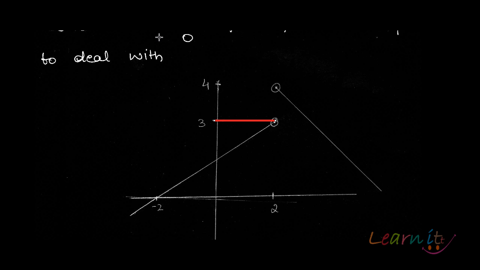At 2 it breaks. So the function is coming from here till here and then from here to here. At 2 we have two values. One is 3, the second is 4.